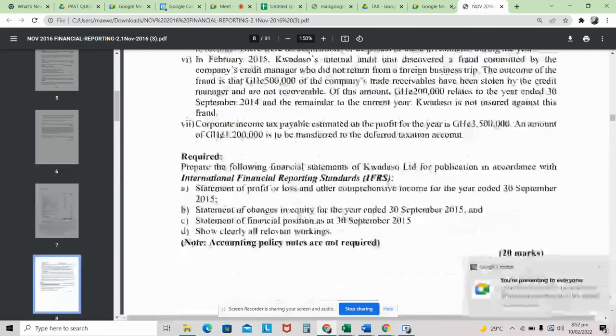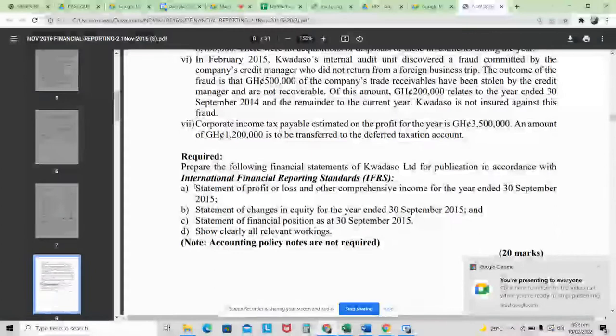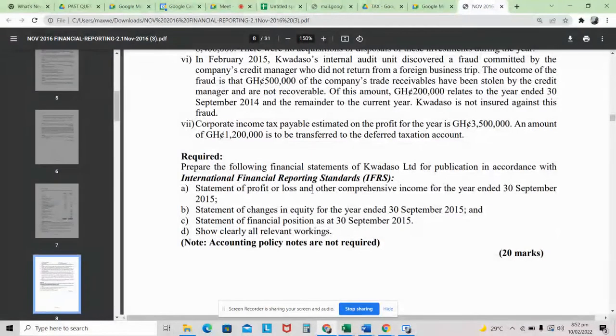So let's see how we should go about this question. The first one is that we should prepare statements of profit and loss, and the second one is that we should prepare statements of other comprehensive income.